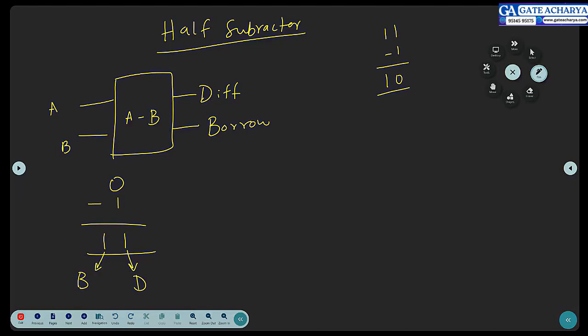Half subtractor, full subtractor. Borrow, difference in elludhanum. Sir, this is borrow. This is different.